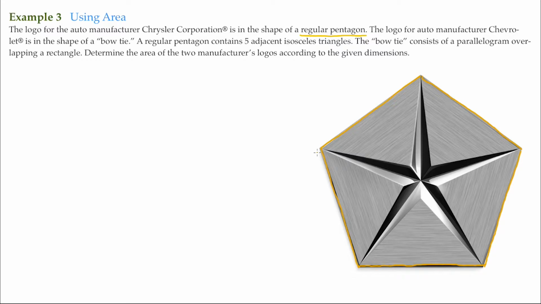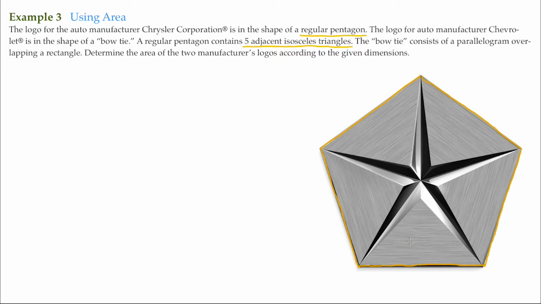Then it continues to say that this particular pentagon has 5 adjacent isosceles triangles. An isosceles triangle is a triangle where two of its angles, its base angles, are the same measure. It has 5 of them, and adjacent means that they're next to each other. So hopefully you could see them here.